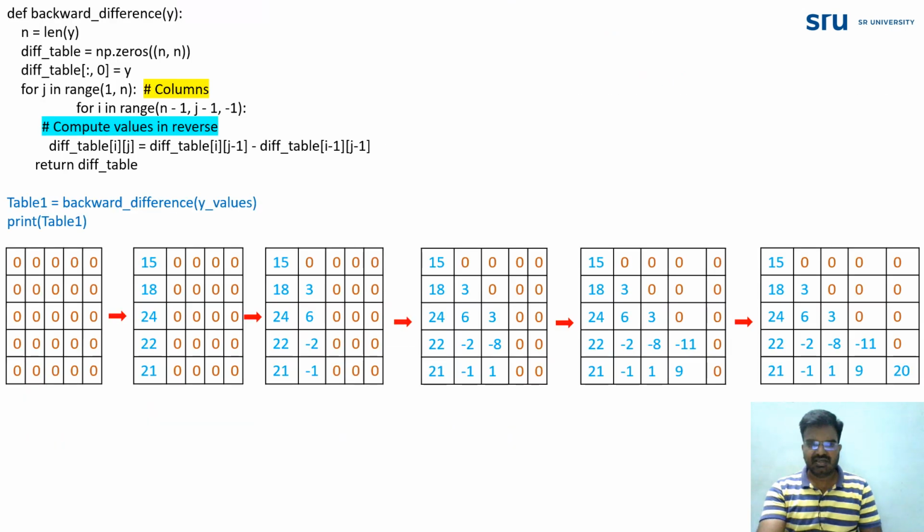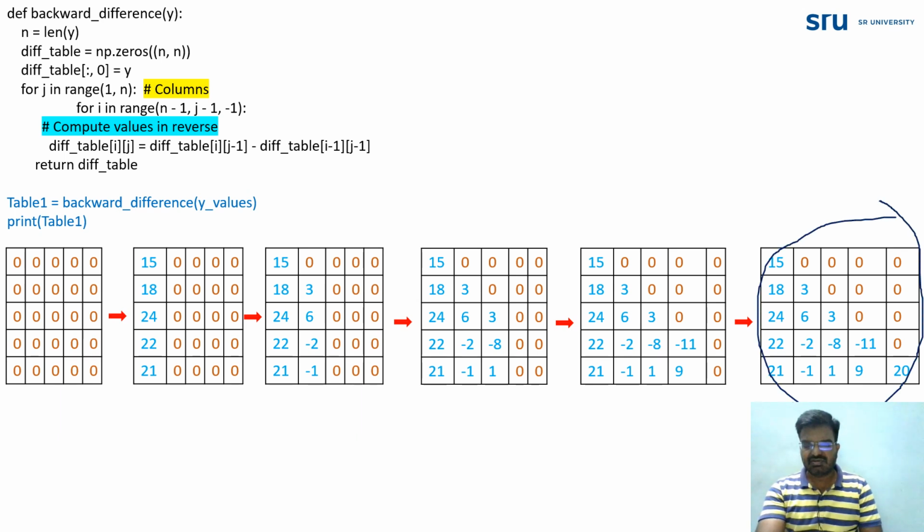You can see how the table is transforming into the backward difference table in every step. Initially, it contains only zeros. In every step, we are filling each column with differences from the last row. So this is our final backward difference table.